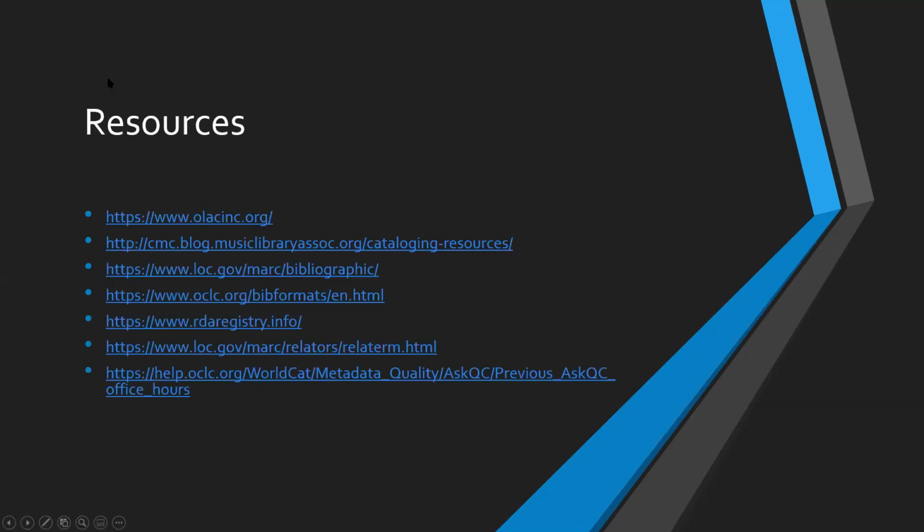Great. So first, I'm going to pop up some quick resources about cataloging audiovisual materials. One of the best ones is this first one, OLAC, the Online Audiovisual Catalogers association.